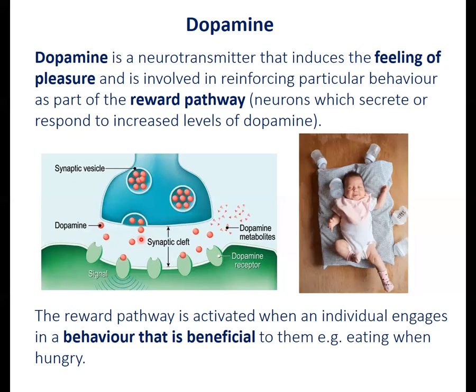So in effect, the reward pathway encourages us to carry out behaviors that are beneficial for us to increase our chances of surviving. If eating food wasn't a pleasant experience, if we didn't enjoy it, then obviously we would do it less, or if at all, and potentially that could be dangerous and quite serious.